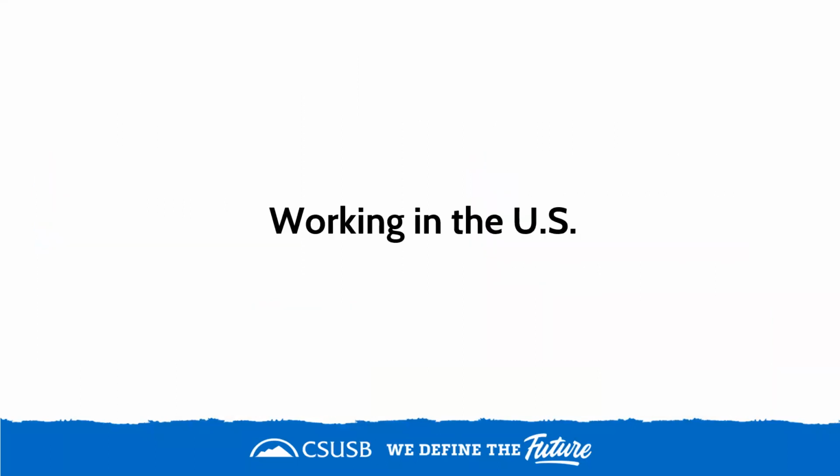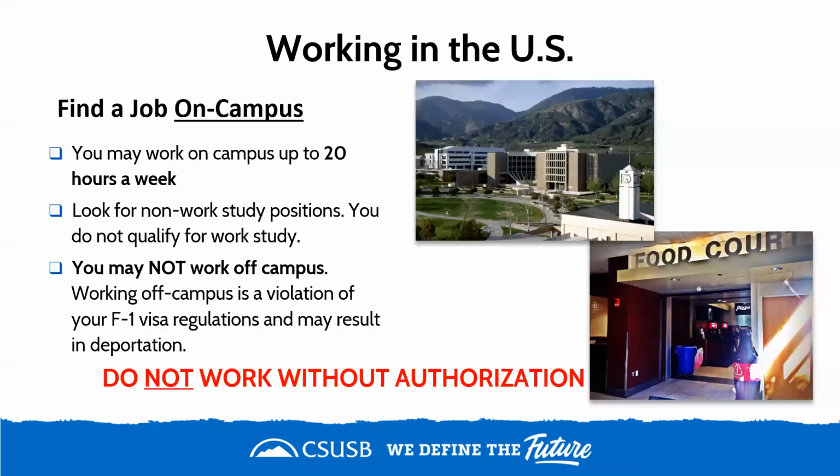So you're in the U.S. and you're looking for work, and you're wondering if you're able to work as an international student. For those students in the U.S., you are allowed to work on campus while attending school. You can work up to 20 hours while school is in session and 40 hours during break.